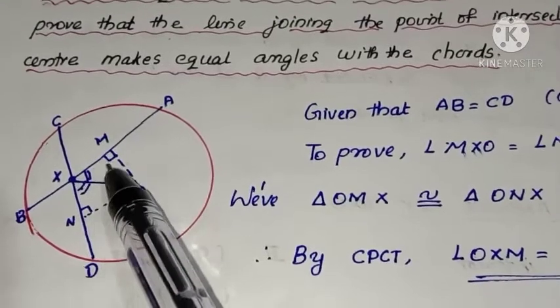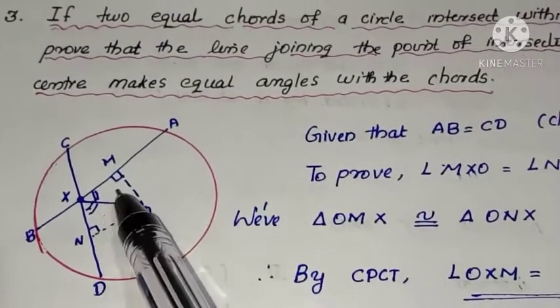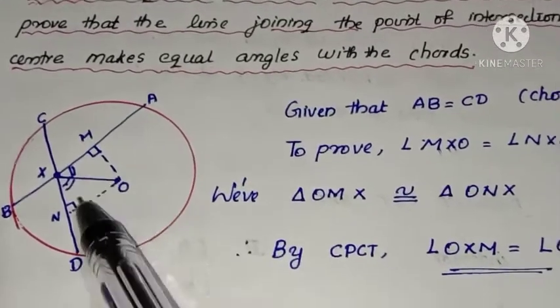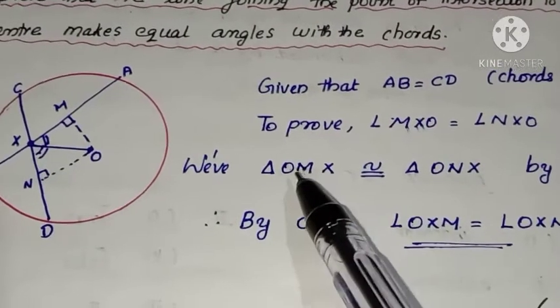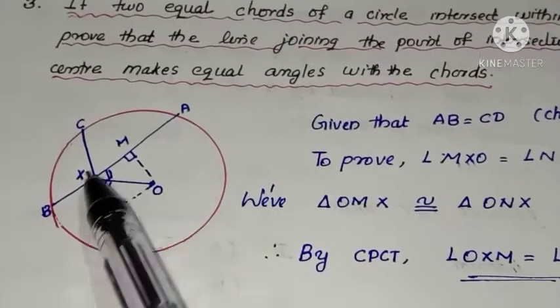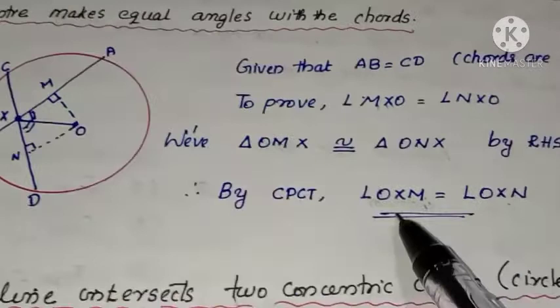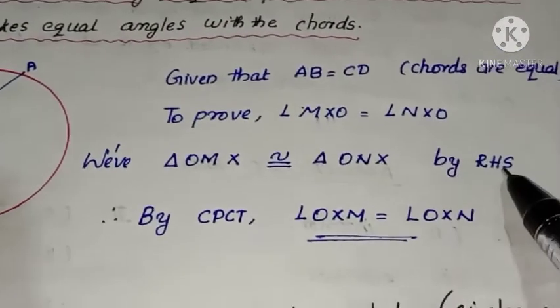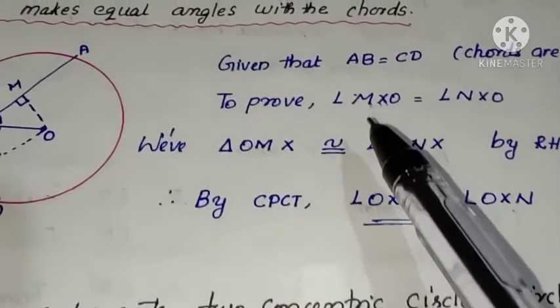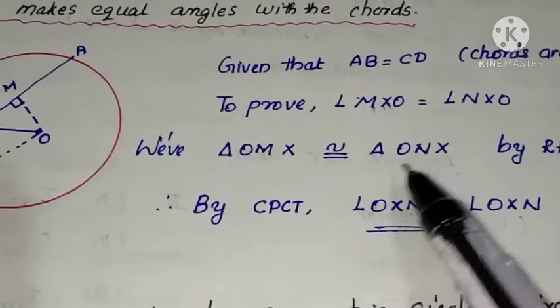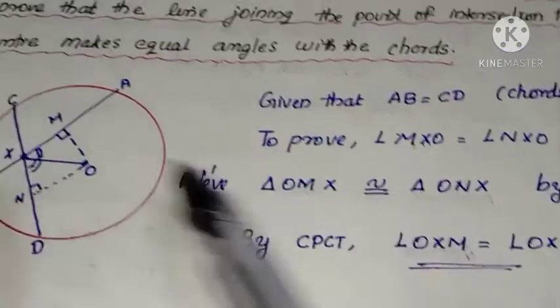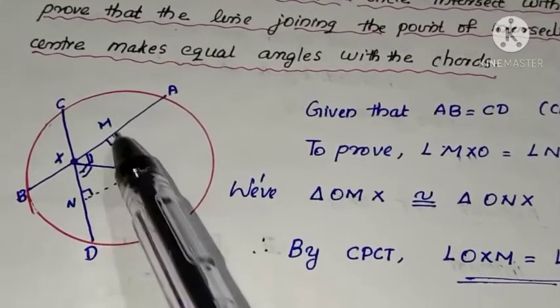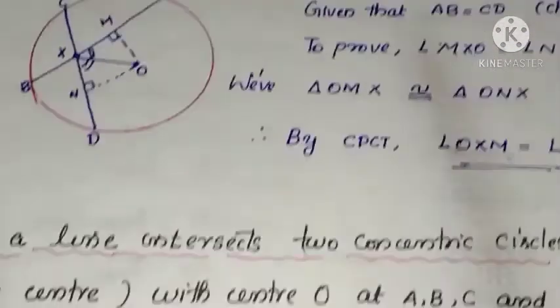In question number 2 we proved those two triangles are congruent. Similarly, we need to prove triangles OMX and ONX are congruent, with the same result by RHS. Here apply the CPCT rule. We get angle OXM is equal to OXN.